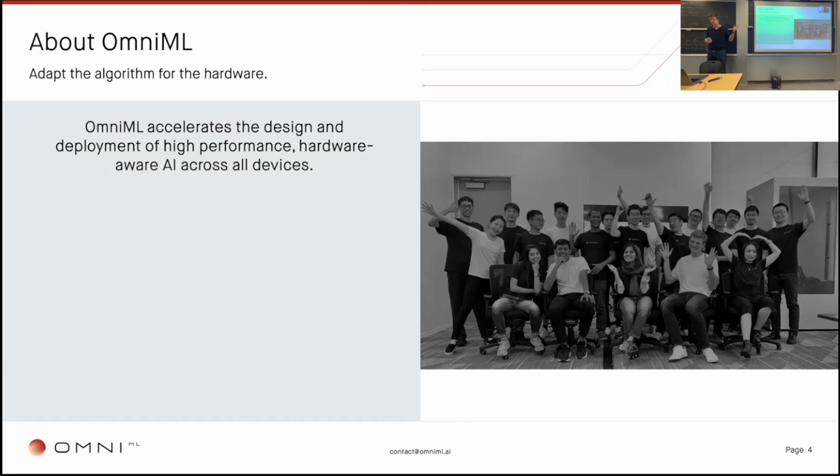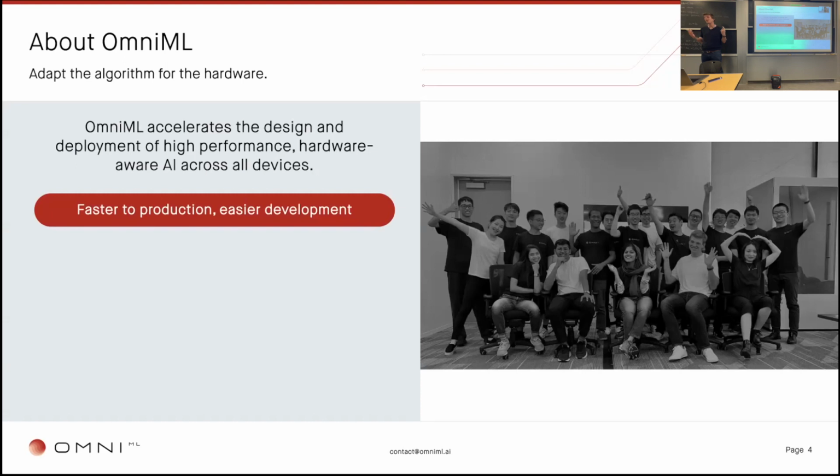Overall, what we try to do at OmniML is accelerate the design and deployment of AI across all kinds of devices. The way we think about that is there are a lot of obstacles right now that many consumers and many industries face, right? And how we want to solve them is we want to help them put AI into a production environment faster.